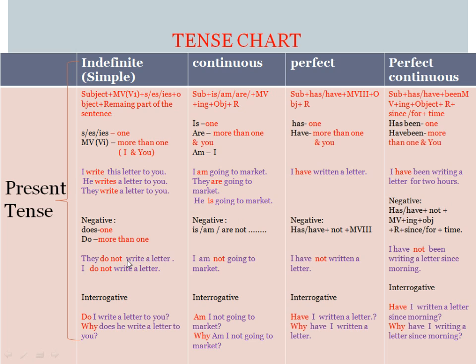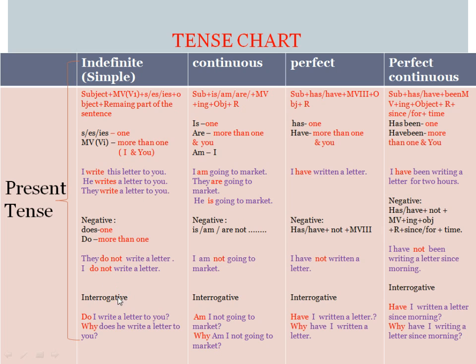Write is a verb, first form of the verb, and a letter is an object, and they is a subject. So they don't write a letter. Do not indicates that the sentence belongs to present indefinite tense.